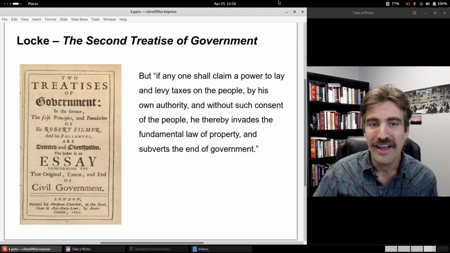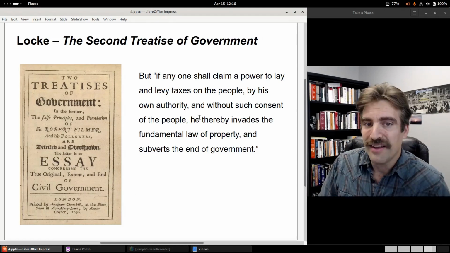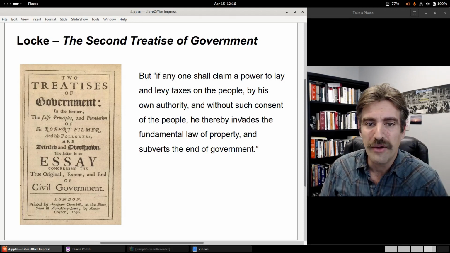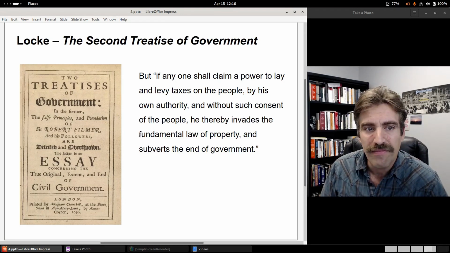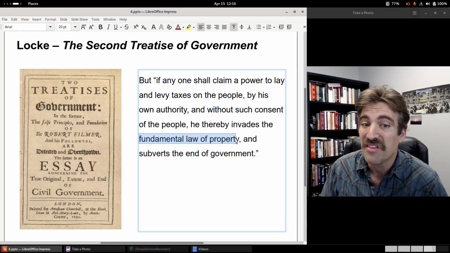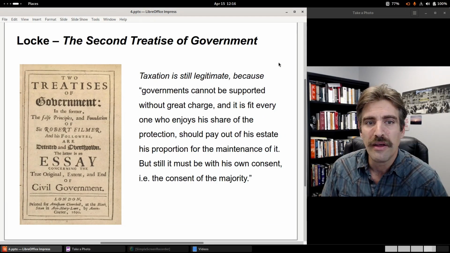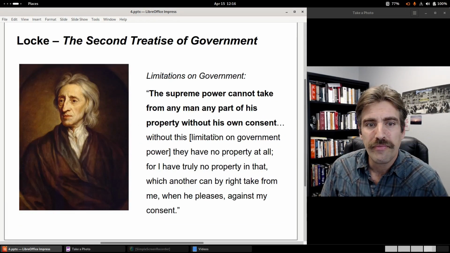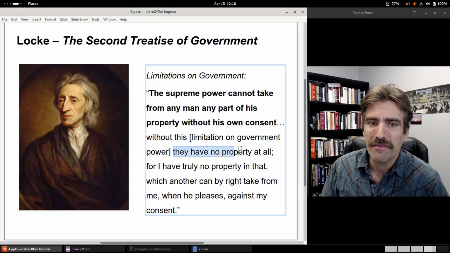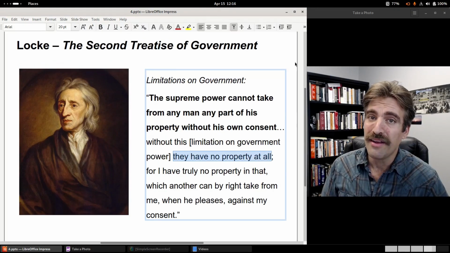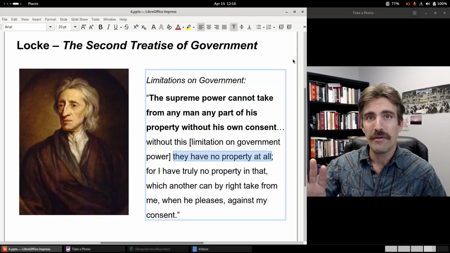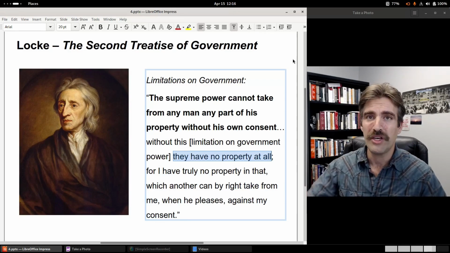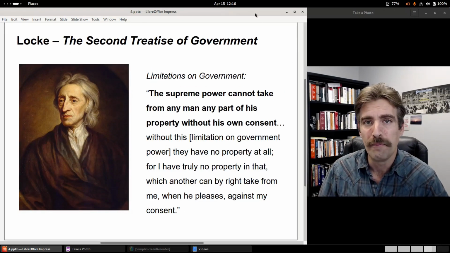And thus, as Locke and the colonists argued, this act invaded the fundamental law of property and subverted the end of government, so that really you have no property at all if a body in which you have no representation can tax you at will.